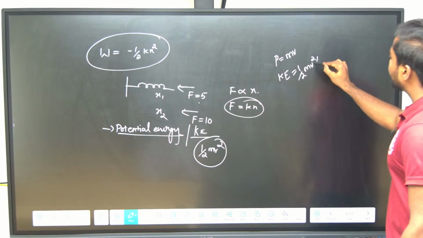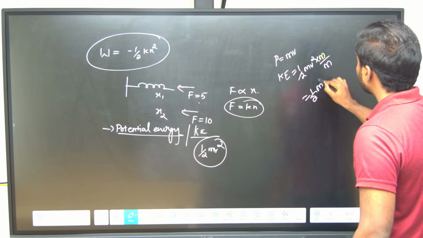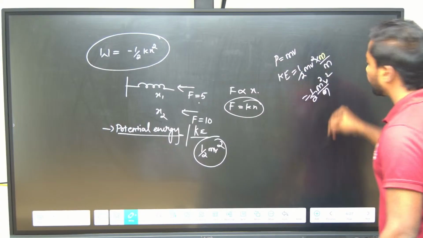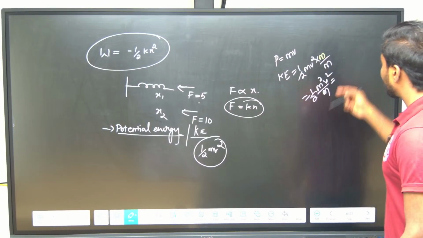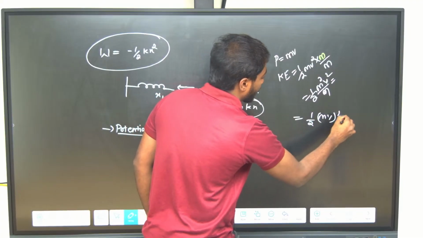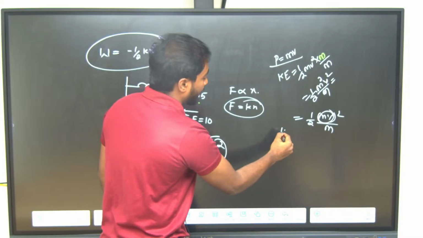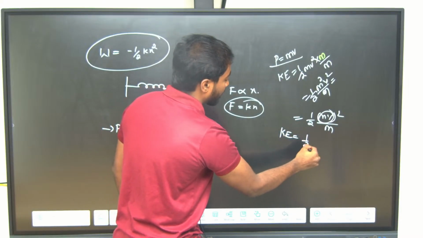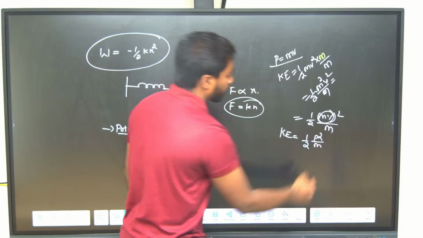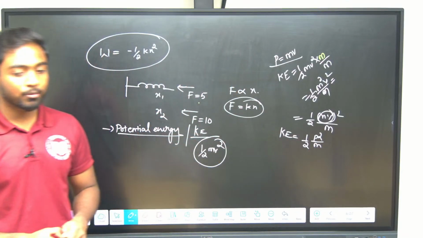So if I multiply by m and divide by m, I will get 1 by 2 m square v square by m. Can I rewrite this as 1 by 2 mv the whole square by m? So what is mv? It is momentum. So kinetic energy will be equal to 1 by 2 p square by m. So this is the relation between momentum and kinetic energy. You can take a note of that.